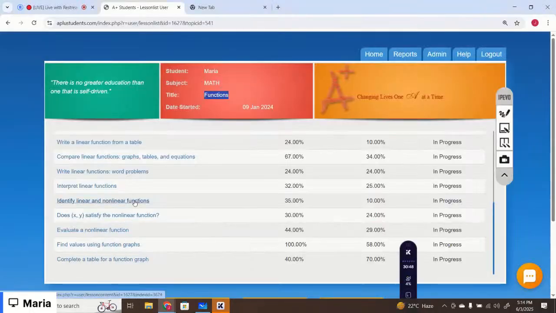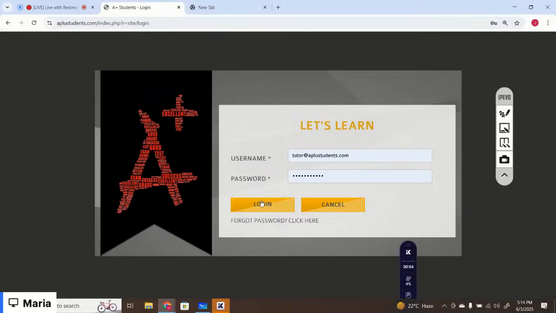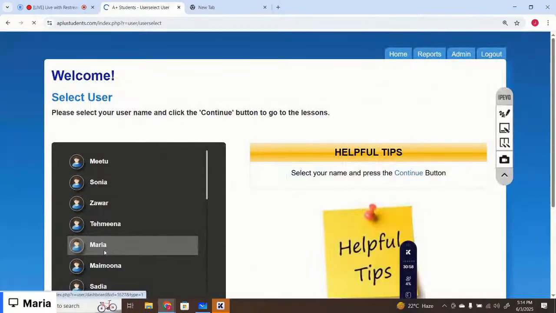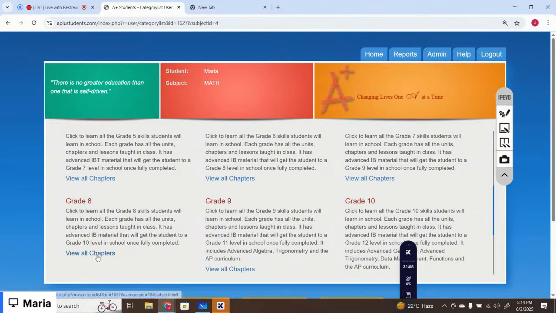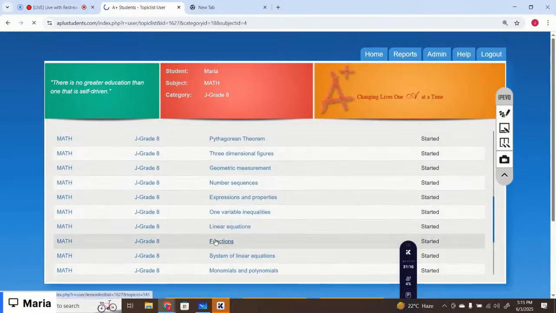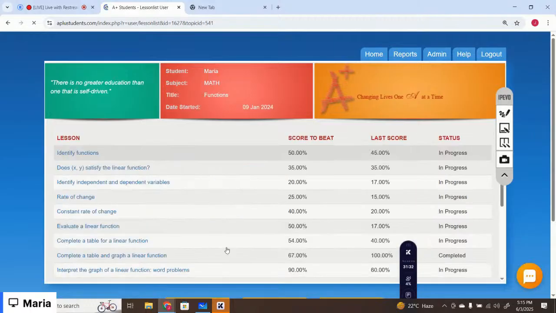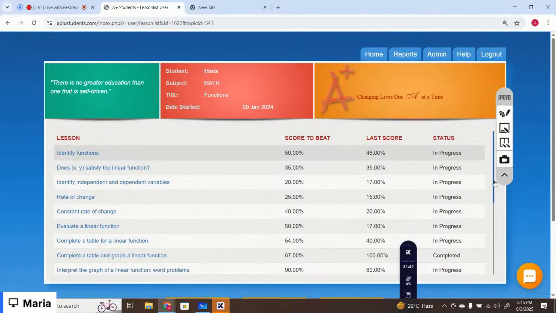The lesson is identify linear and nonlinear functions.